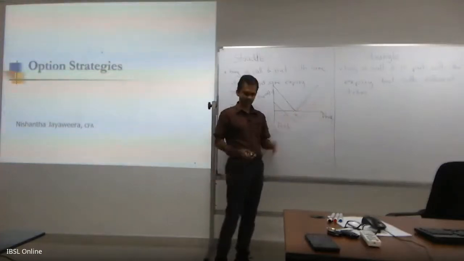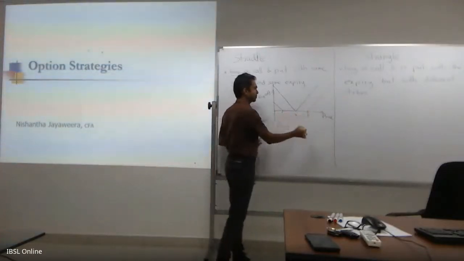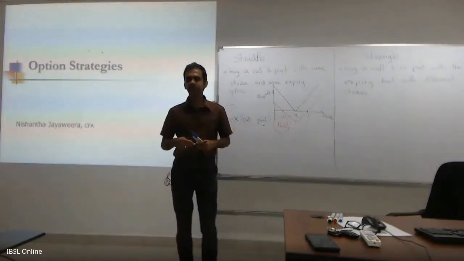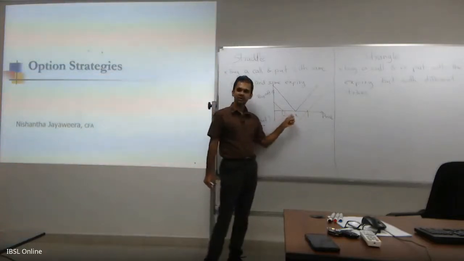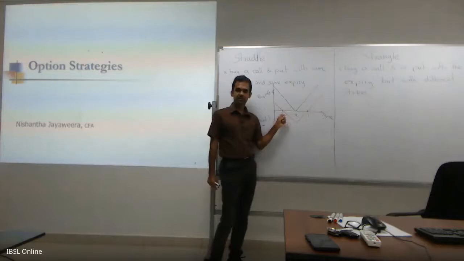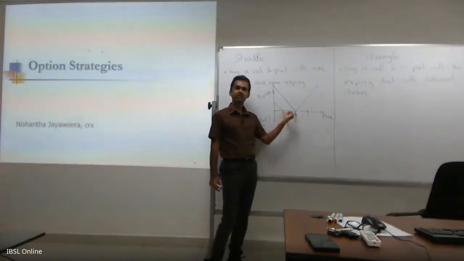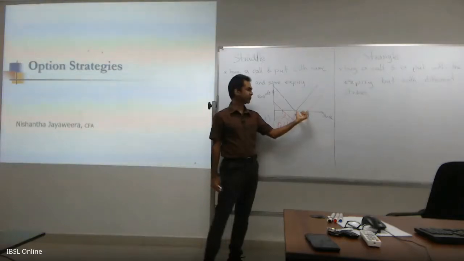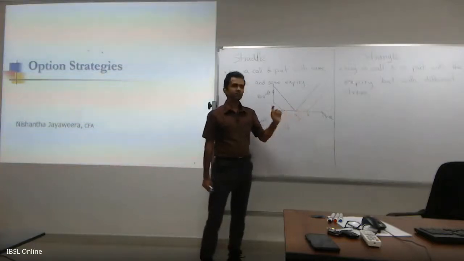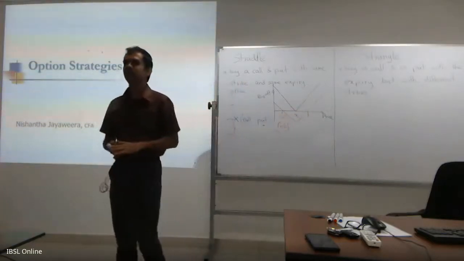Again, there are two break-even points. To make a profit, either the price should fall below the strike by an amount equivalent to the total premium that you paid. This difference is the total premium. The same thing is valid for the upside as well. To make a profit, the price should go above the strike by an amount equivalent to the total premium.